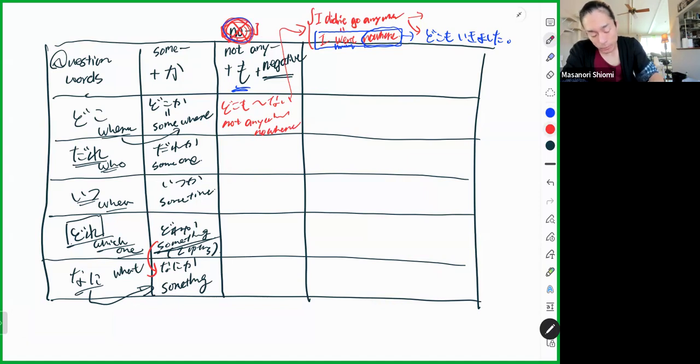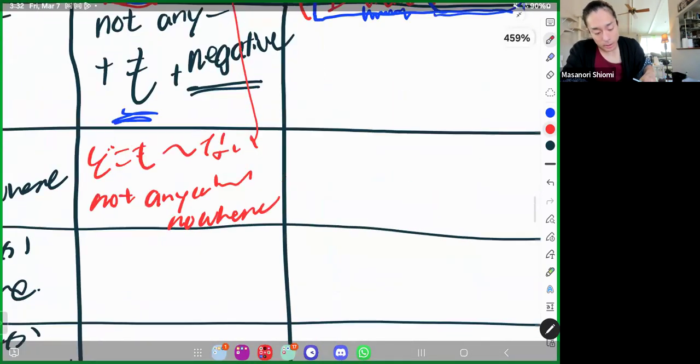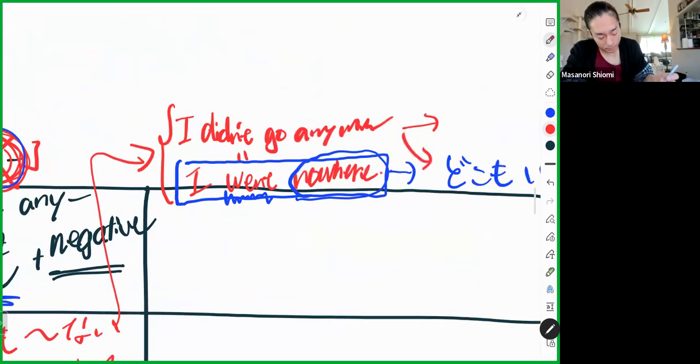As you can see, when we compare these two sentences in English, by using the word nowhere, this one already has the negative function in the word. So we don't need to conjugate the verb to negative. That's why it's positive. I went nowhere, right?